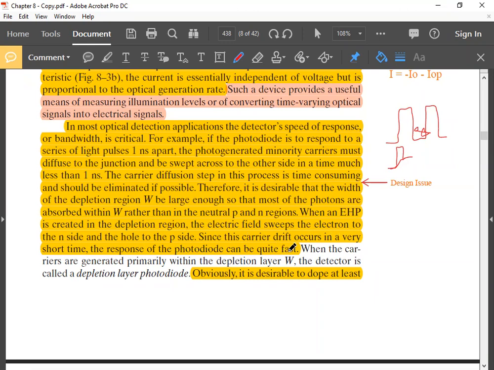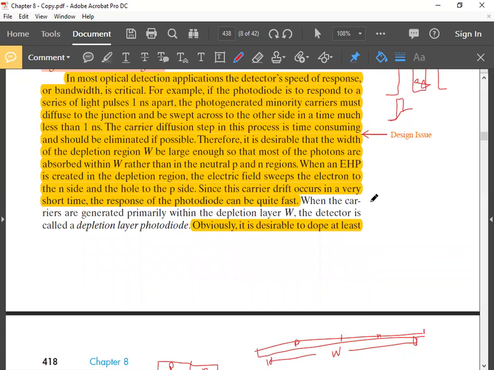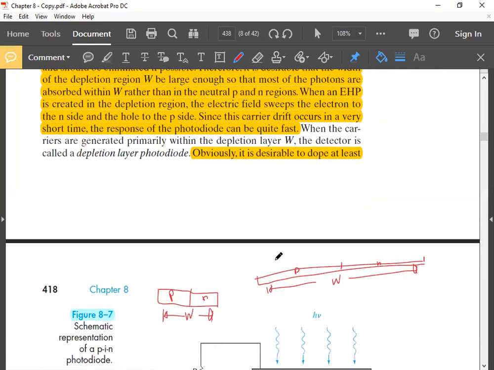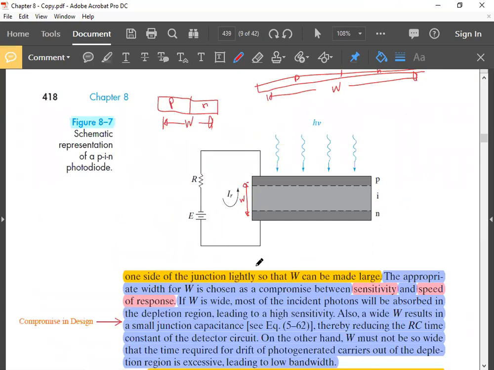So the carriers which are generated within the depletion layer can travel very fast because of the electric field in the depletion layer. So the response of the photodetector can be fast. Obviously it is desirable to dope at least one side of the junction lightly so that W can be made large.